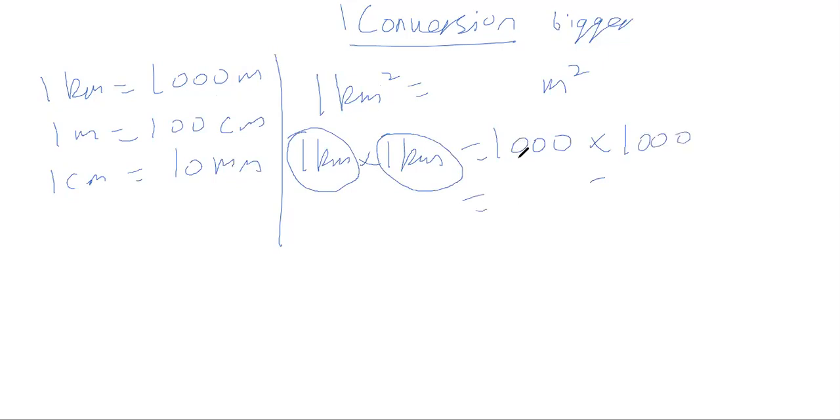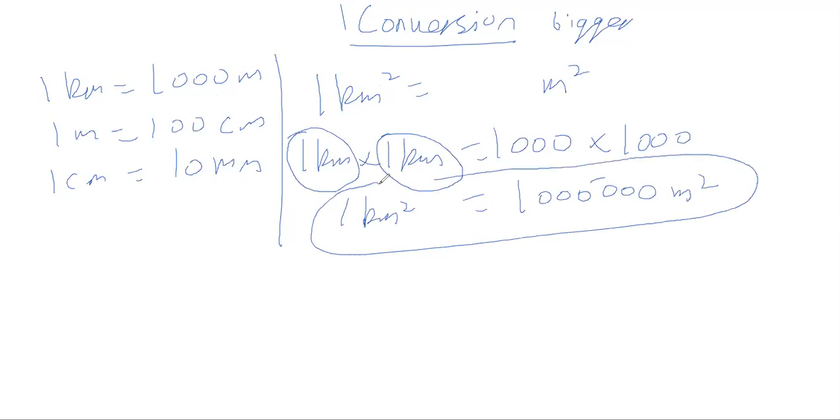Now count how many zeros are there: 1, 2, 3, 4, 5, 6. So 1 kilometer square is equal to 1 followed by 6 zeros meters square. That's your answer. This is how you will convert 1 kilometer square.